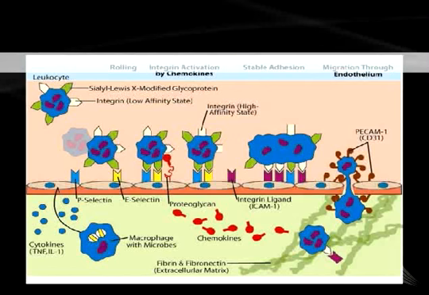Then there's an interaction with PECAM-1 or CD31, which leads to the diapedesis of the cell through the endothelium. And then you get chemotaxis: movement of that neutrophil, or whatever the leukocyte is, to the site of injury via chemotactic factors.